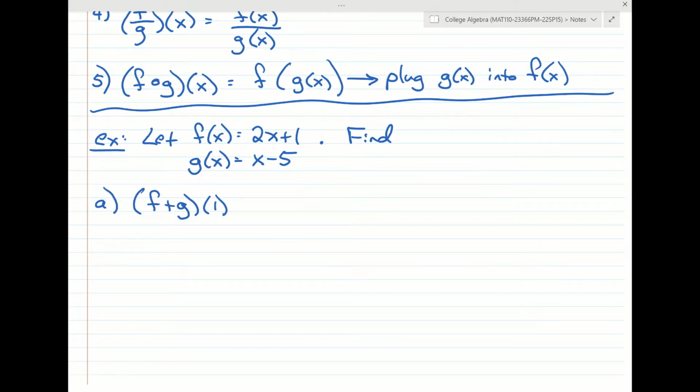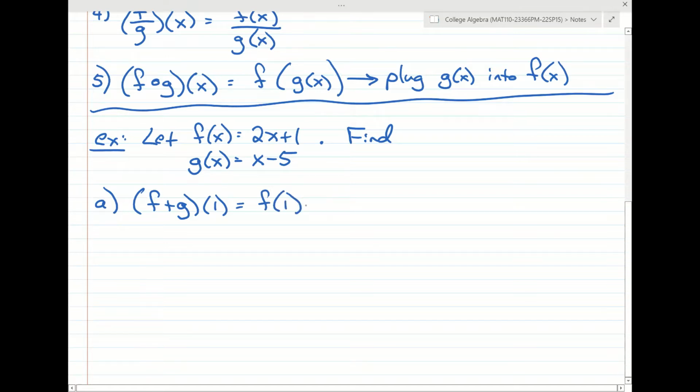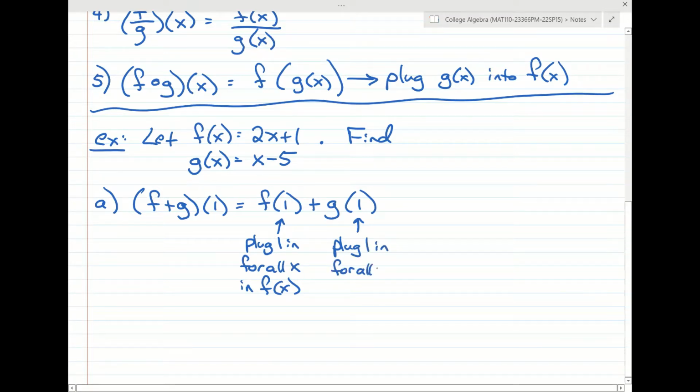Now, from the notation, this means f of 1 plus g of 1. And what that notation means is you just plug 1 in for all x in f of x, and similarly, plug 1 in for all x in g of x.